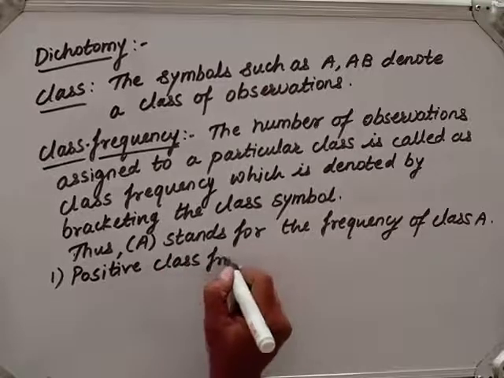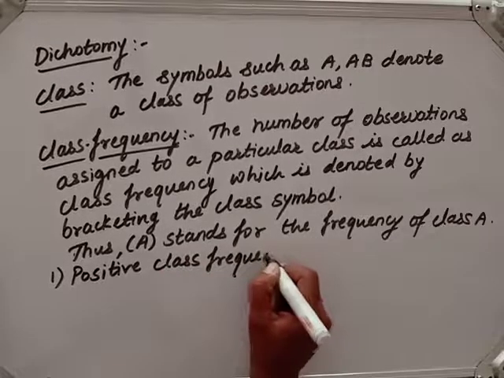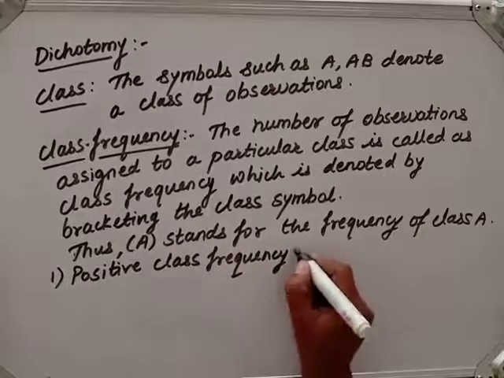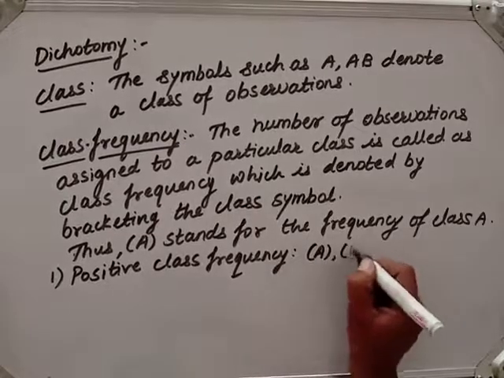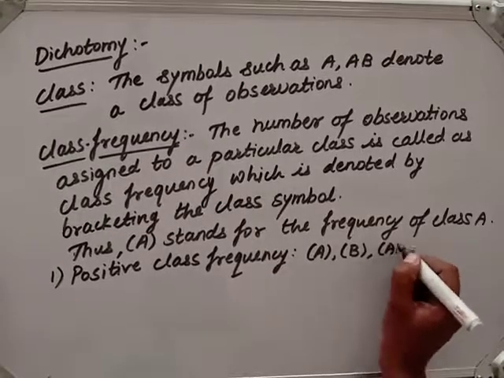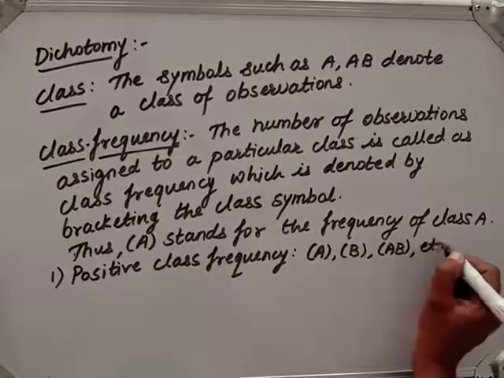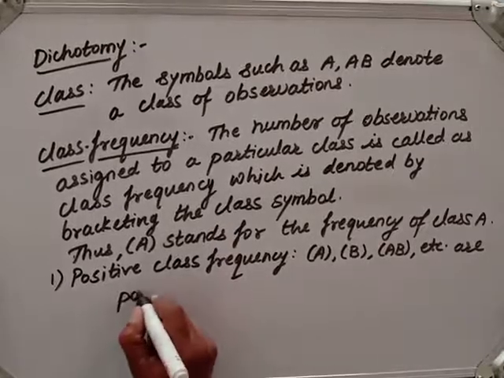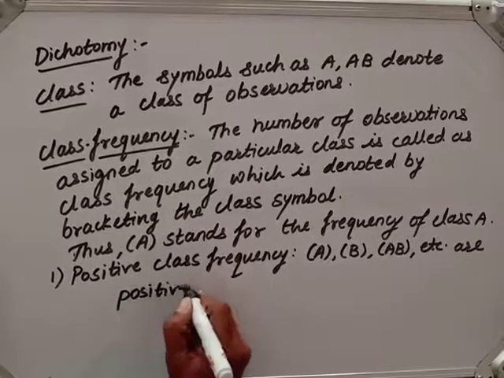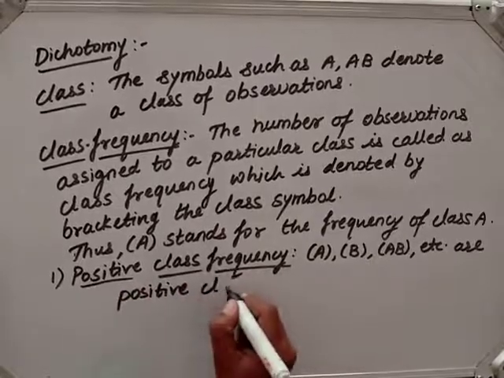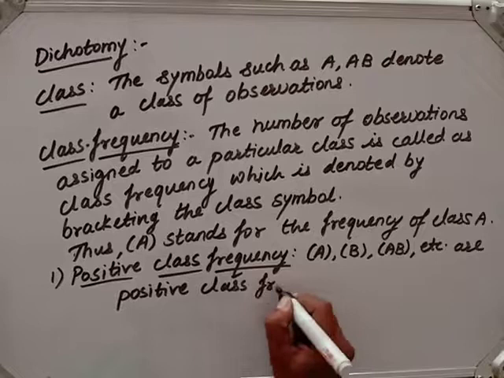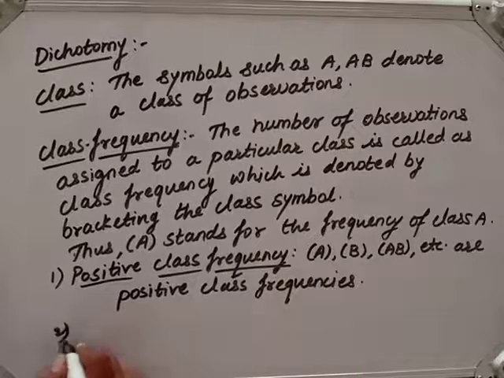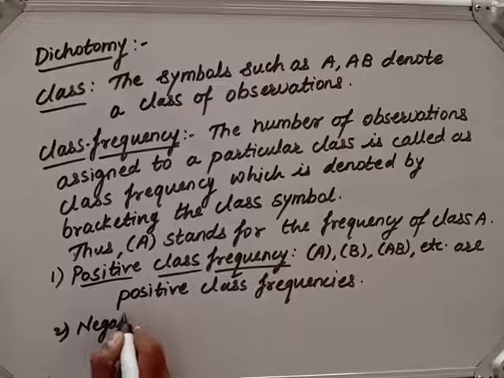Now, again, positive class frequency. So, the frequency of positive classes is what? As A, B, AB, etc. are positive class frequencies. While the other is negative class frequency.